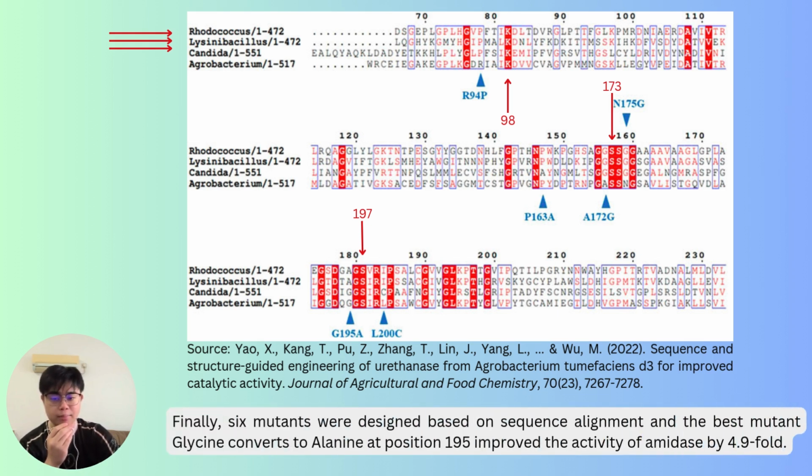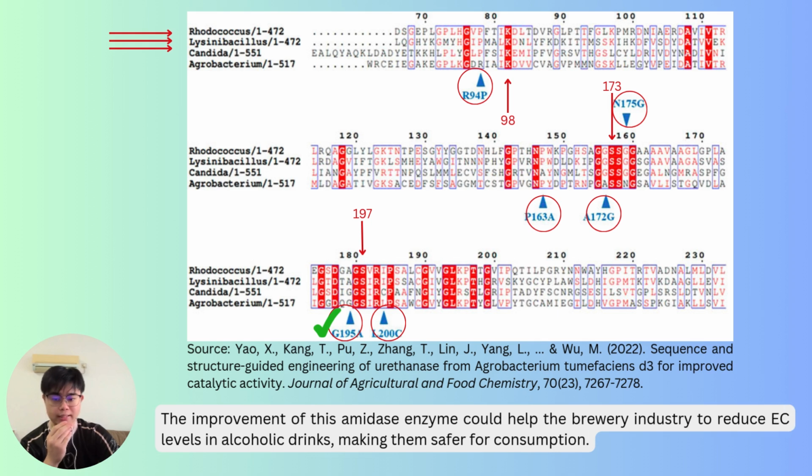Finally, six mutants were designed based on sequence alignment, and the best mutant, which is glycine converted to alanine at position 195, improved the activity of amidase by 4.9-fold. The improvement of this amidase enzyme could help the brewery industry to reduce EC levels in alcoholic drinks, making them safer for consumption.